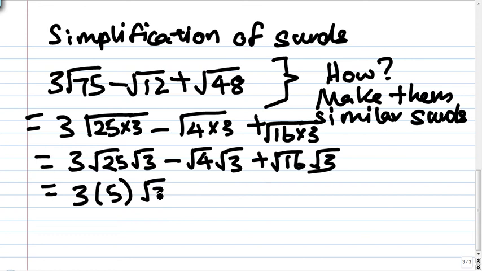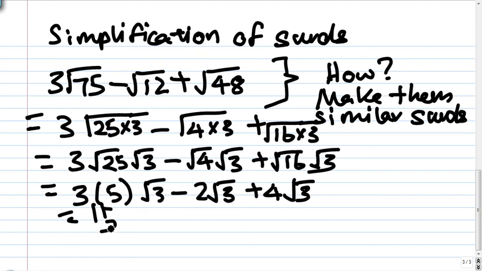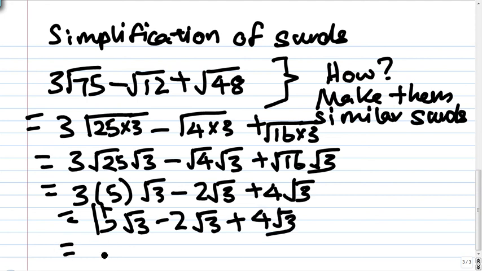Answer is 5. What's square root 4? Answer is 2. What's square root 16? The answer is 4. So you've simplified it into similar surds. You can write this down here: 15 square root 3 minus 2 square root 3 plus 4 square root 3. You get 15 minus 2, 13, 13 plus 4, 17 square root 3. That's your answer.